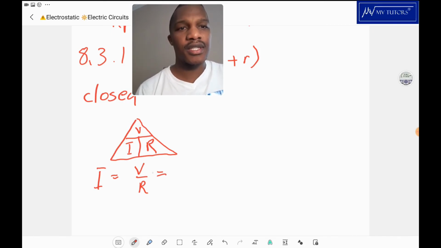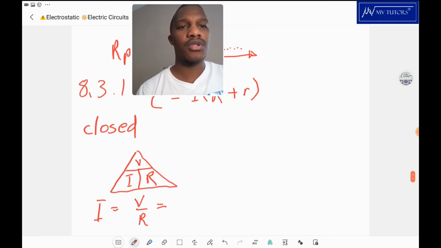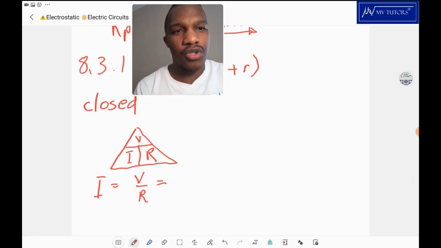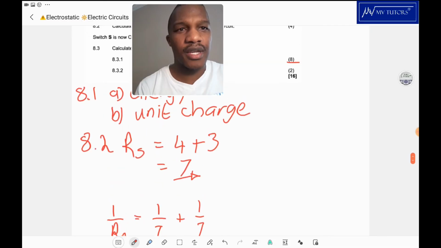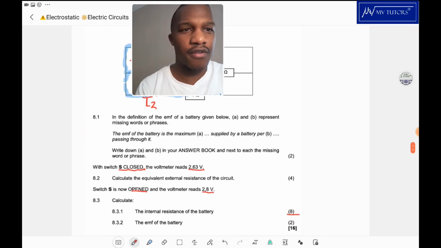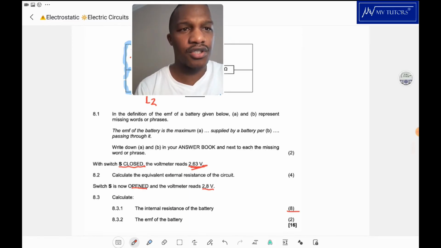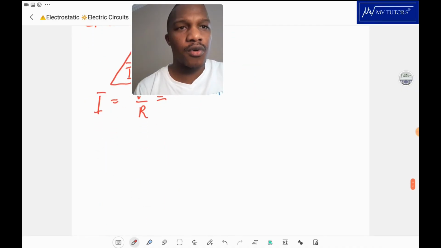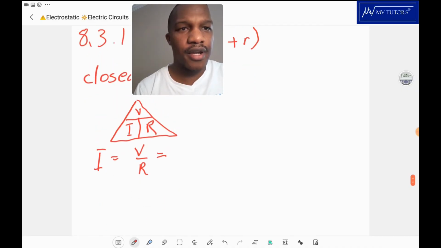Our V is the total voltage in the closed system. Let's check that out. We are given over here that when it's closed, the voltage is 2.63. So we'll put 2.63 right over here. And now, what is the total resistance?